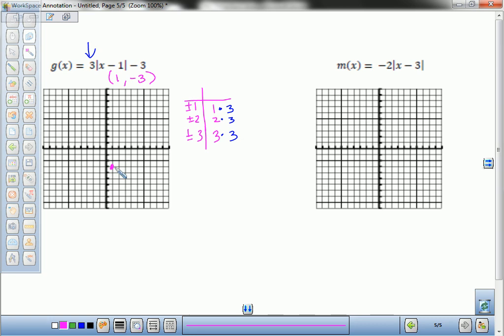Now, instead of going right 1 up 1, we go right 1 up 3. Left 1 up 3. Instead of right 2 up 2, we're going to go right 2 up 6.